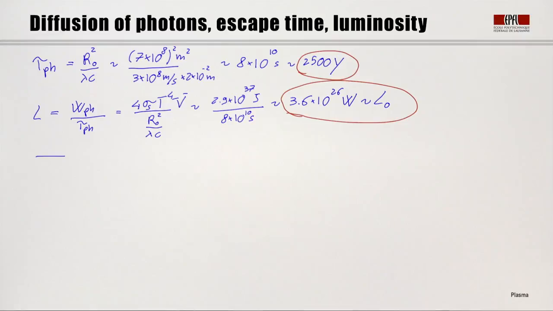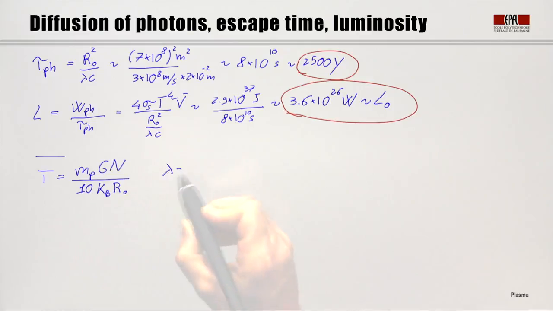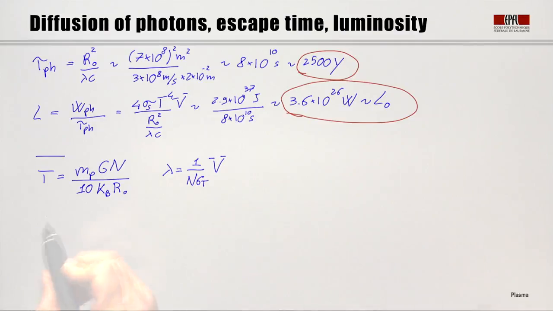The second important result we can obtain is by recalling the average effective temperature of the Sun that we have estimated using the hydrostatic equilibrium hypothesis. Using the expression for the mean free path for Thomson scattering, we can find a relation between the luminosity and the mass of the star.